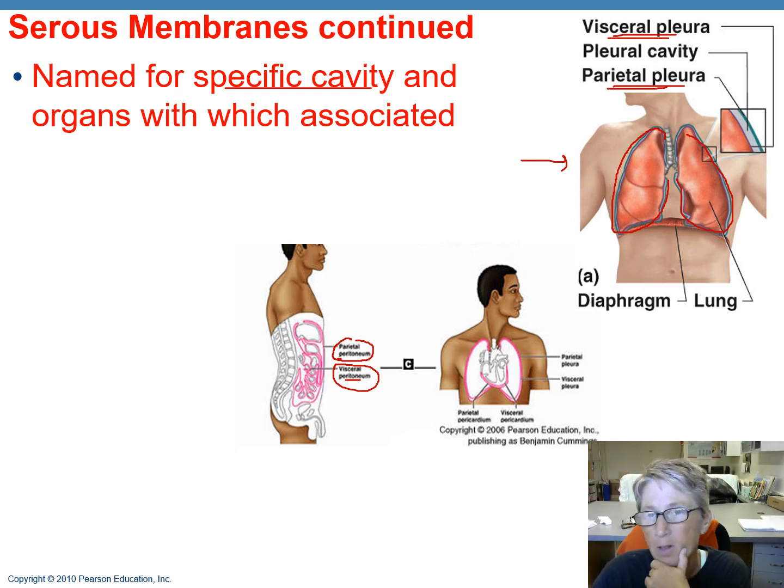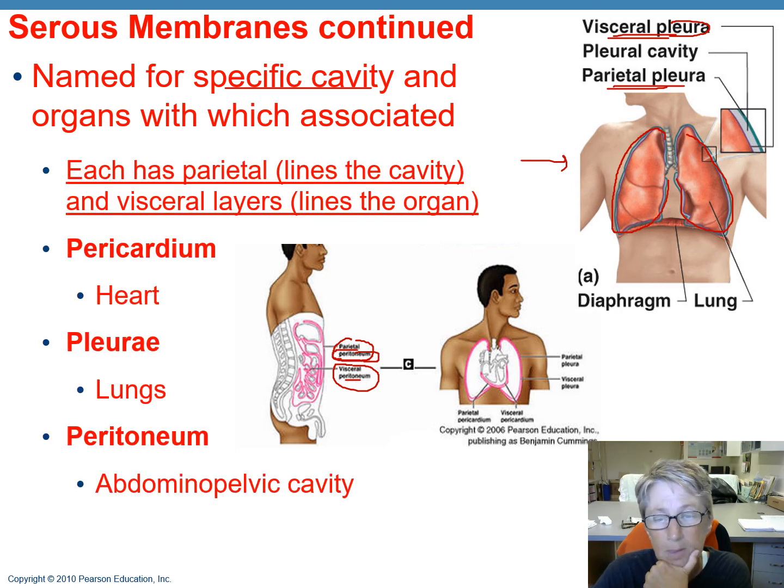So in the lungs, that serous membrane is a pleura. In the GI tract, that serous membrane is called a peritoneum. And then in the heart, the serous membrane that contains the heart is called the pericardium. And then you have a visceral pericardium and a parietal pericardium.